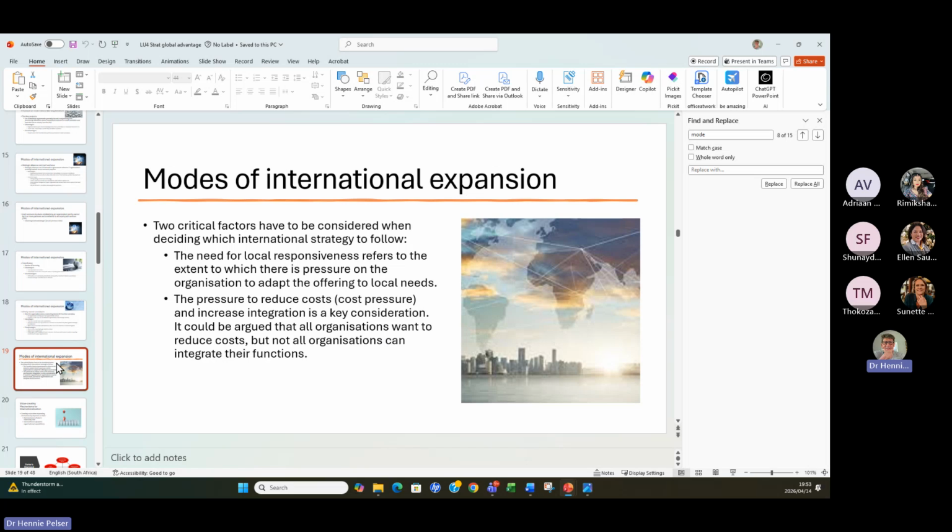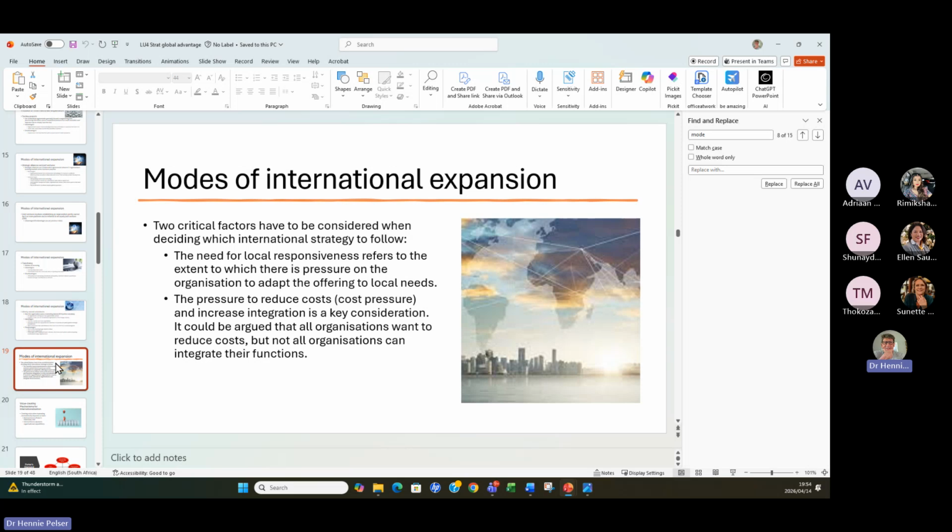So it's not the entry mode, it is the way that we're internationalizing. So in discussing this, this is still Learning Unit 4, slide 19. In terms of discussing the kind of things we consider when we internationalize, we talk about two specific aspects.